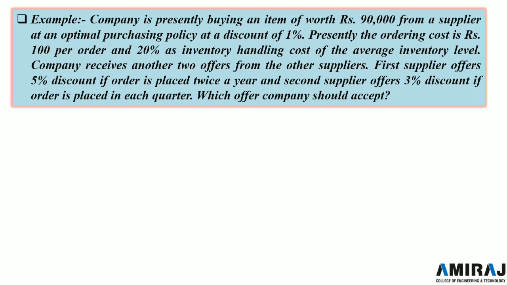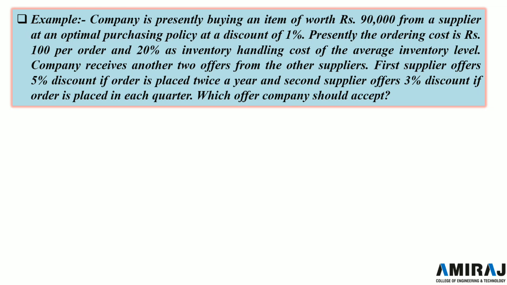The company receives two other offers from other suppliers. The first supplier offers 5% discount if the order is placed twice a year, and the second supplier offers 3% discount if the order is placed each quarter. Which offer should the company accept?